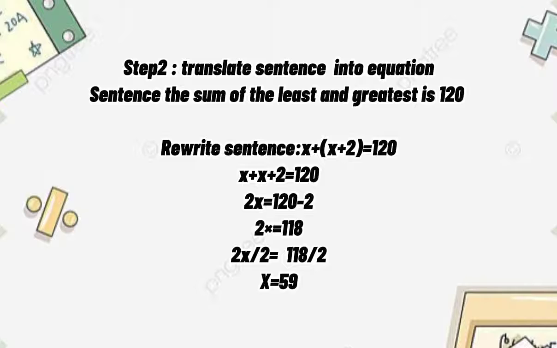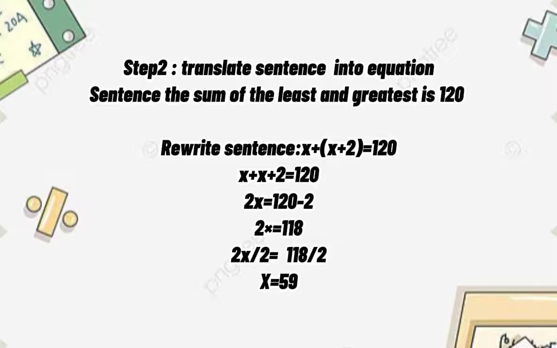So just combine the like terms. x plus x is equal to 2x. So we proceed. 2x is equal to 120 minus 2, because when you transpose the 2, it becomes negative. After the transposition, 2x is equal to 120 minus 2.